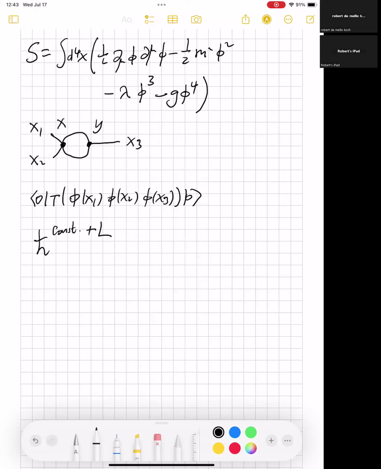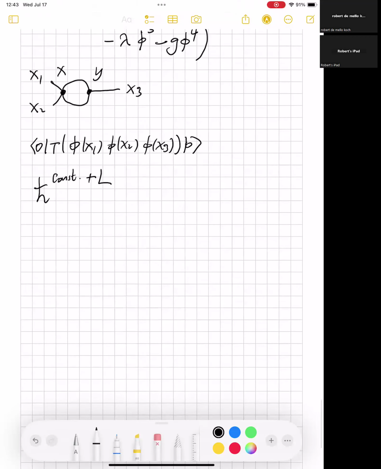So the number of loops controlled the relative powers of ħ. Why don't you check and see if this rule still holds when you have a cubic vertex in your theory? And you should find that it does. So whatever vertices you have in your theory, always counting the number of loops tells you the ħ dependence.